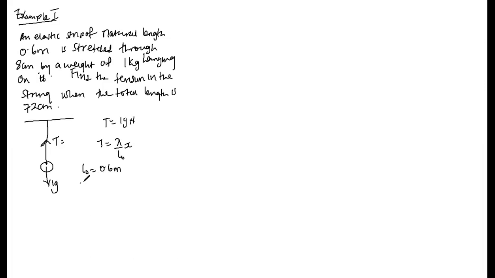Then it was stretched through 8 centimeters, meaning the extension x is 0.08 meters. So this first information helps us to find the modulus of elasticity of the string. So we shall have the tension, which is 1g, equal to lambda over the original length 0.6 times 0.08. With this, lambda is equal to 9.8 times 0.6 over 0.08. Can we find lambda using a calculator?